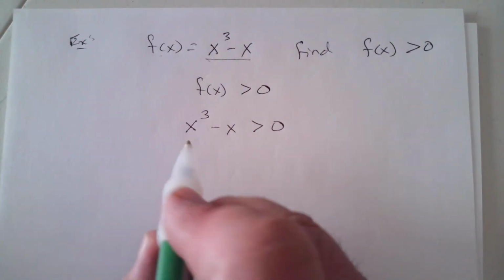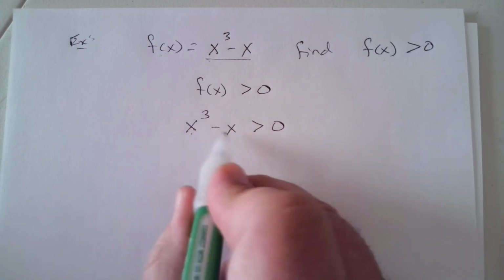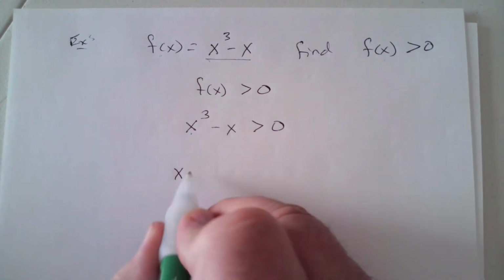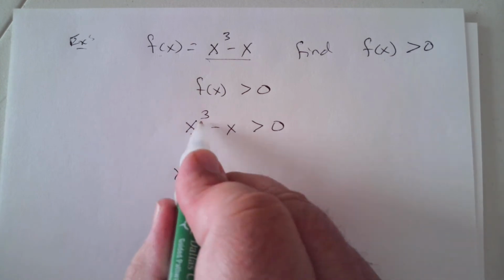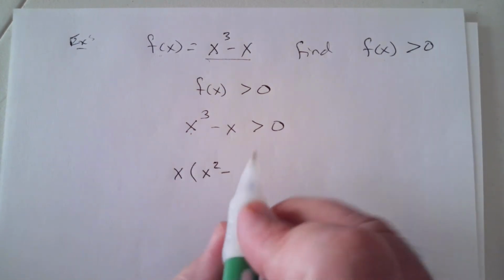So let's factor it. Only two terms. They both have an x, so we factor out an x. If we take out one x, that means I have x squared left here, and I have a 1 there.